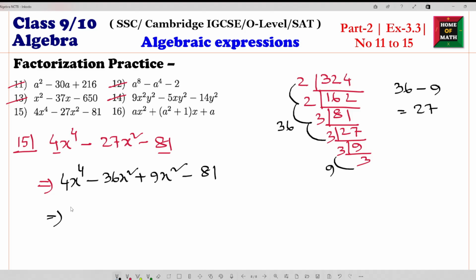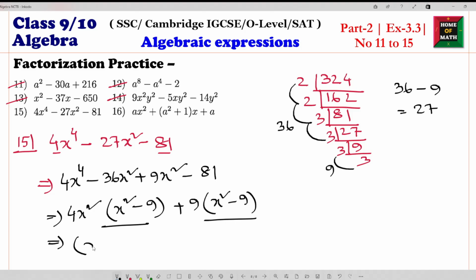So we can take common 4x square, right? So we can write x square minus 9, since 9 times 4 is 36. We can take common 9, so here is x square minus 9, right? Then x square minus 9 we can take common, and here is 4x square plus 9.